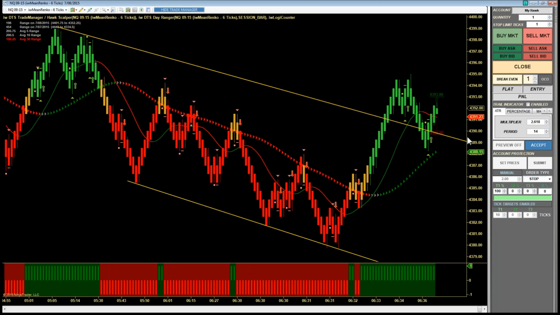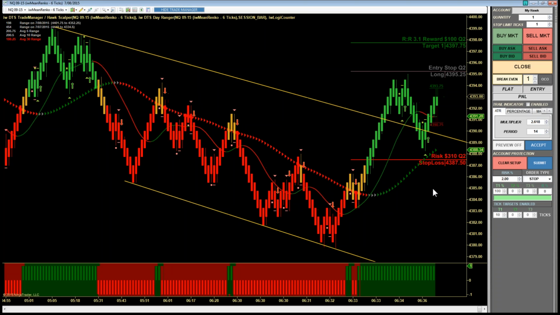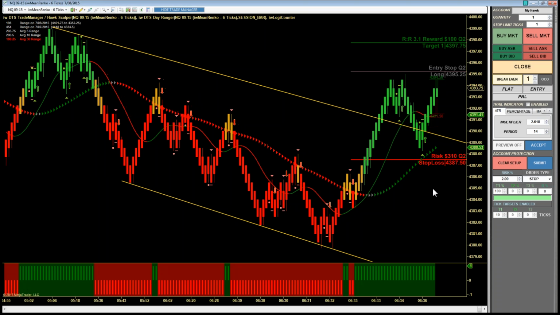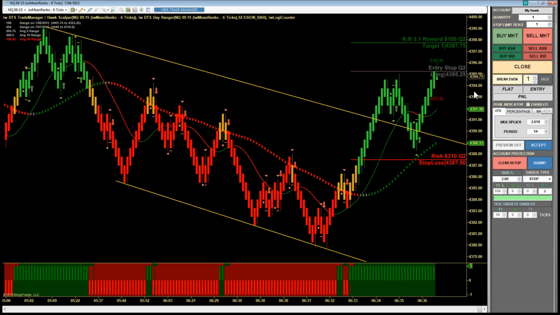Oops, I moved a little bit too fast there. The safer place to buy here is above this swing high. And now that we have this swing in here, that would be a better setup.